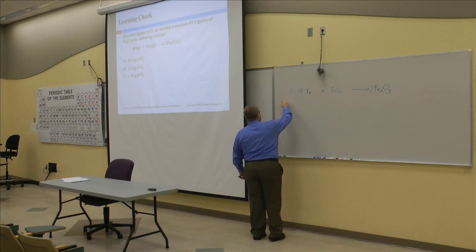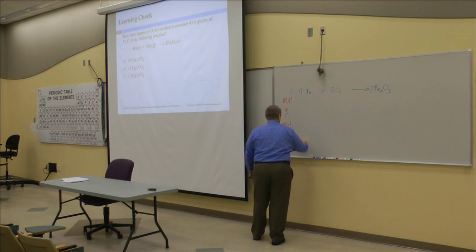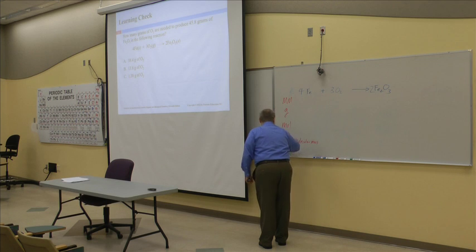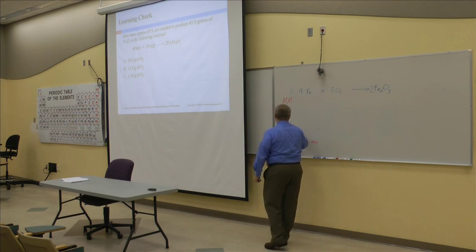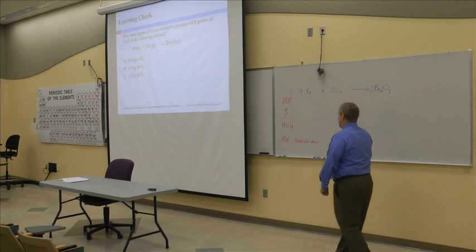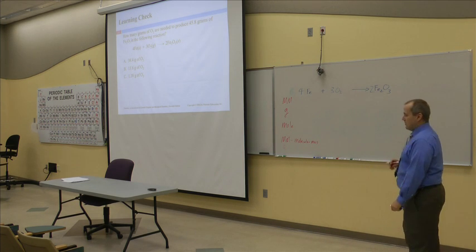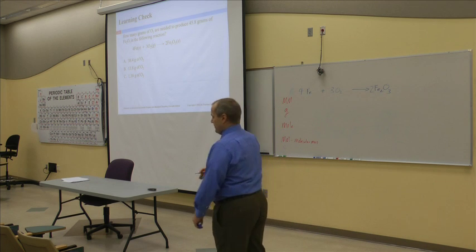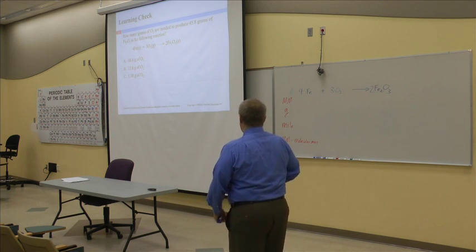So what you want to do is MM, grams, moles. MM is molecular mass, G is grams, and that's moles. So molecular mass, grams, moles. That's the first thing I would do, is set this table up. So I have my table ready to go.